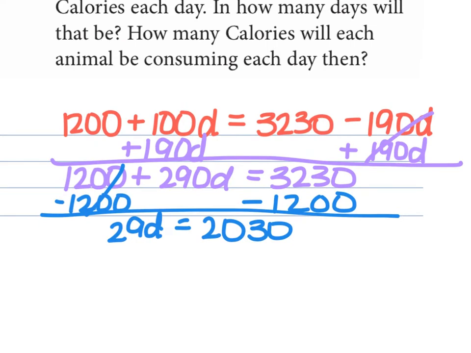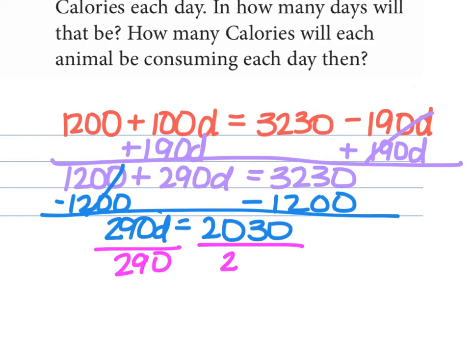So 290D. I'm going to divide each side by 290. The zeros are going to cancel out. So D is equal to 7. So that's 7 days.